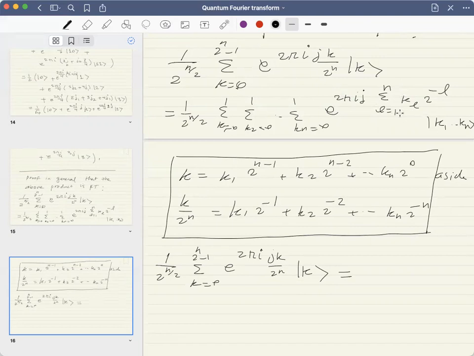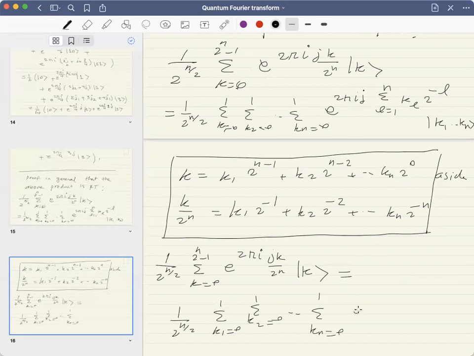So then I can take each of those with the associated k. So I can write this as 1 over 2 to the n over 2, k1, k2, kn. And then let's just put this with it.